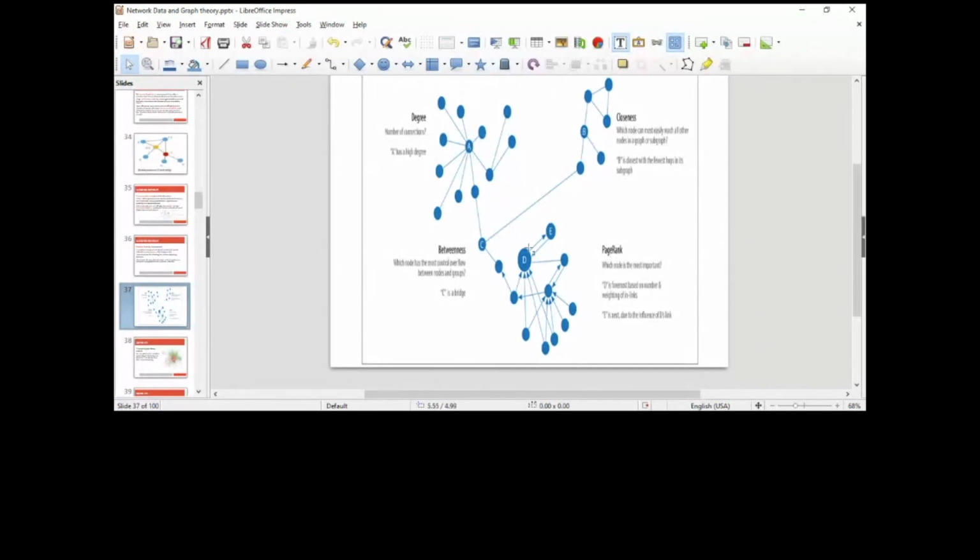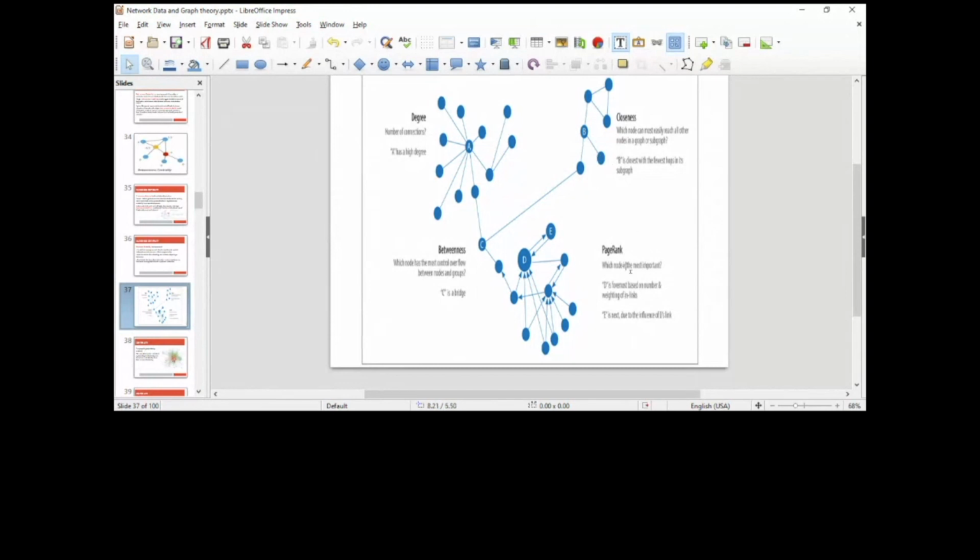You can see betweenness, a lot of nodes coming to it. Degree centrality has a number of connections to it. Closeness is the one that is close to the center, that has its own interests as well.